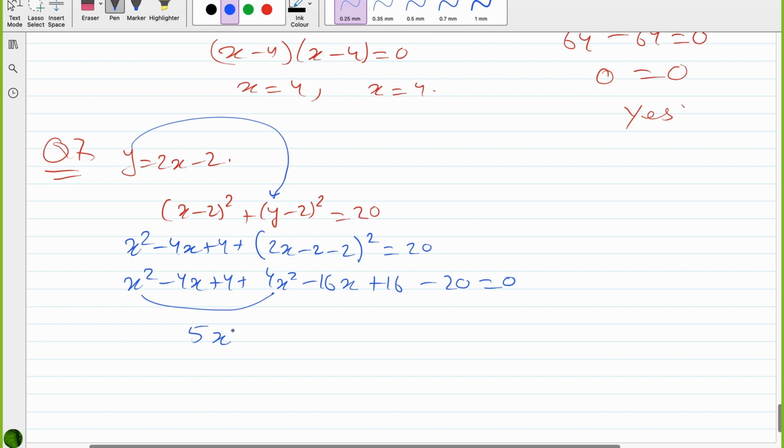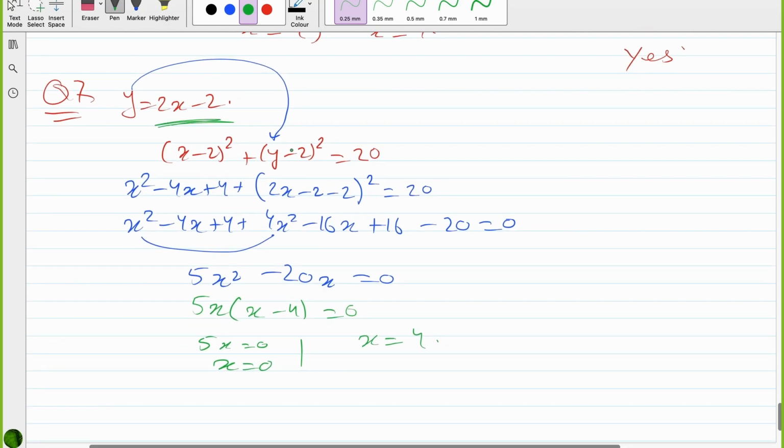So 5x square, and with the x we get minus 20x, 16 and 4 is 20 and 20, that is 0. So I'm getting 5x is common, I'm left with x minus 4. So 5x is equal to 0, x is equal to 0, and x is equal to 4.